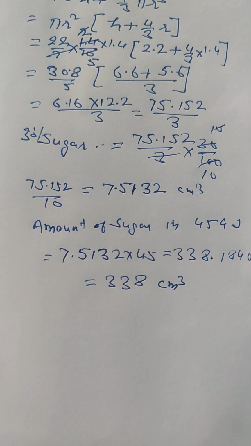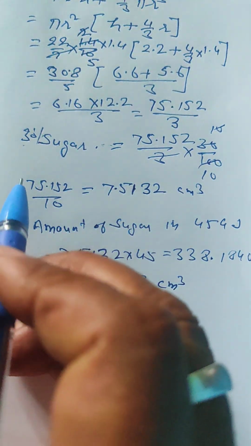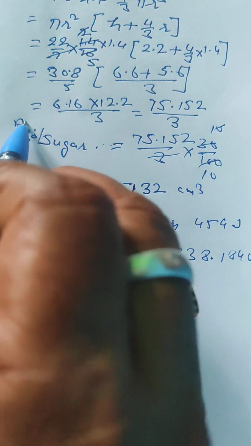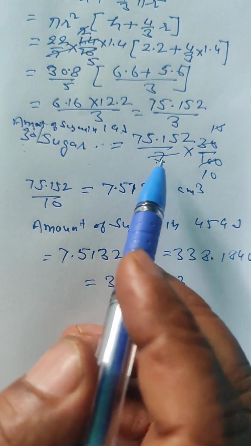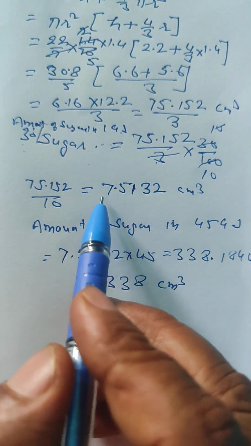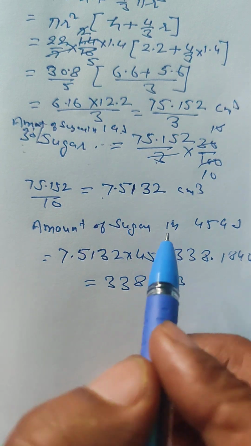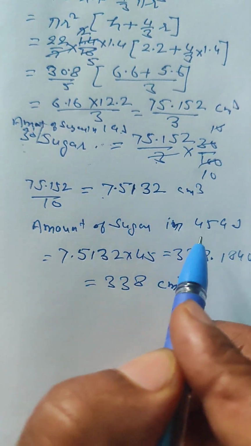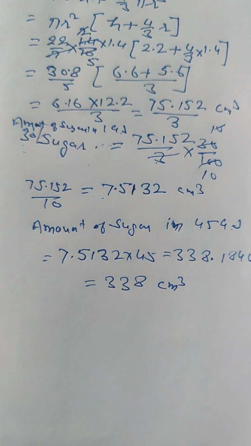This is the amount of syrup in 1 gulab jamun. Since syrup in 1 gulab jamun is 30%, we multiply the volume by 30%, then it becomes 7.5152, and we multiply it with 45, so it will become 338 centimeter cube.